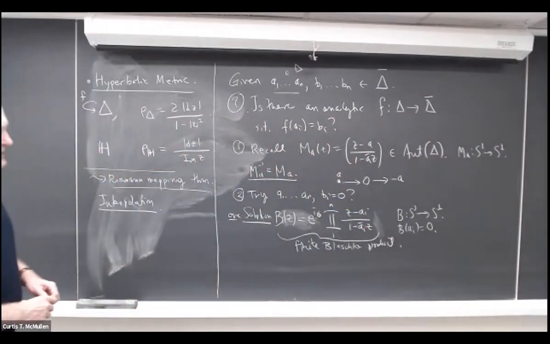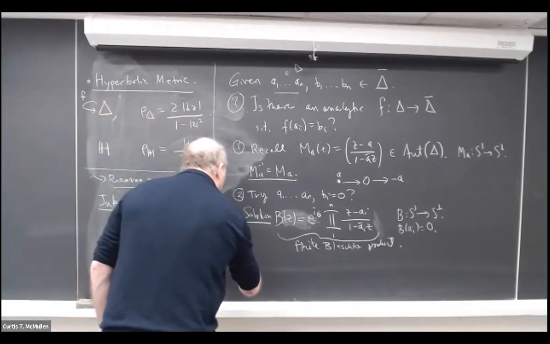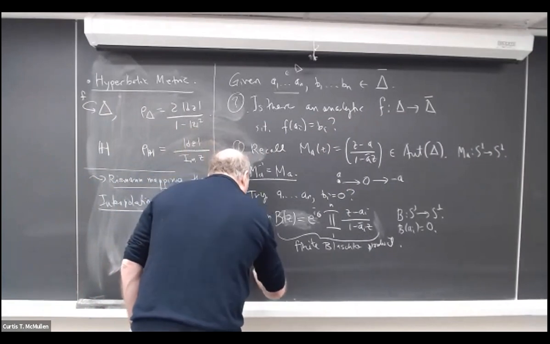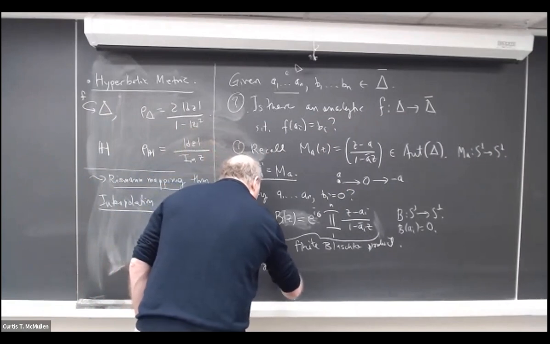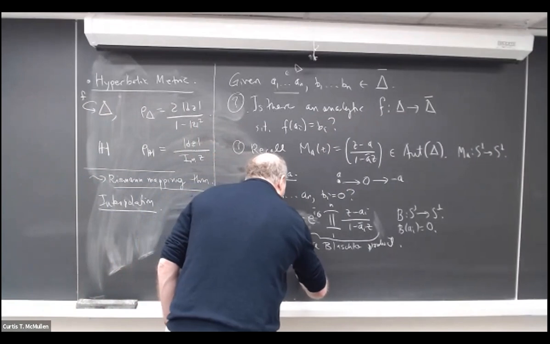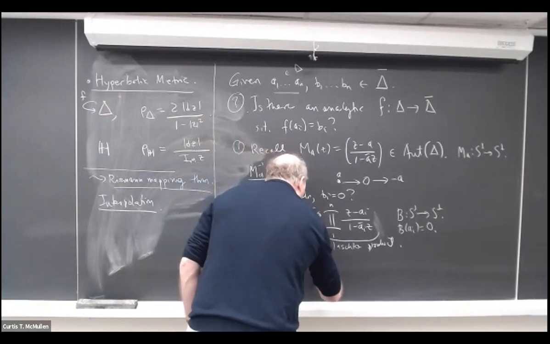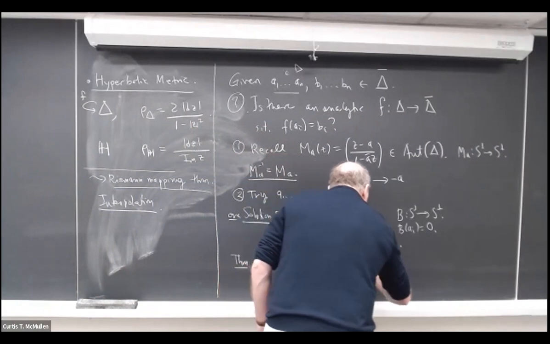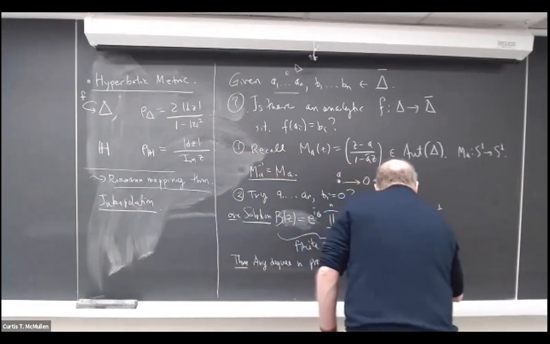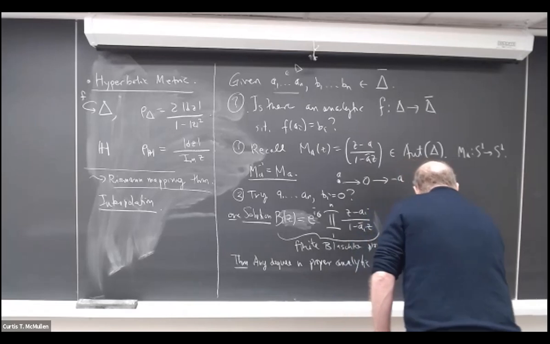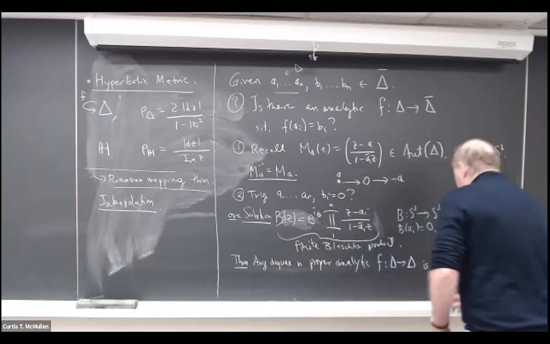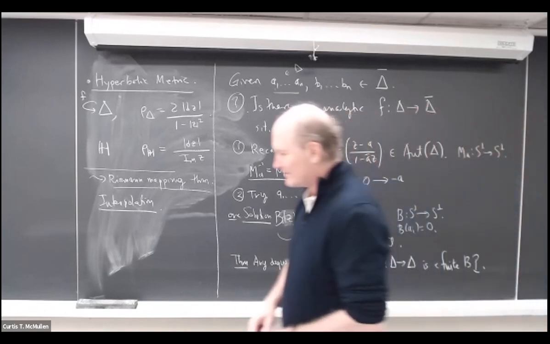And these are very natural for the following reason. There's a theorem, which is not hard to prove, that says any degree n proper analytic map from the disk to itself is a finite Blaschke product.